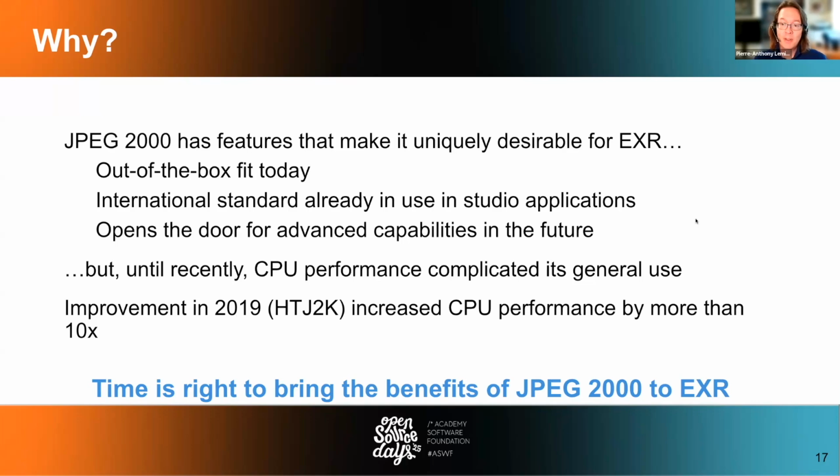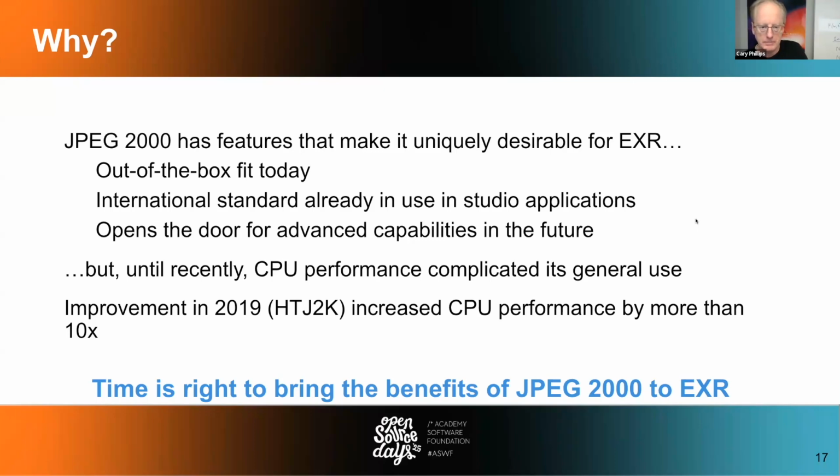That increases CPU performance by more than 10x, in fact up to 40x in lossless 4K images. So that improvement was published in 2019. It's been around for a while, as we'll see. It's now available across multiple implementations, and so it's felt that now was the right time to reconsider the use of JPEG 2000 in EXR. And so this is why we're here today.